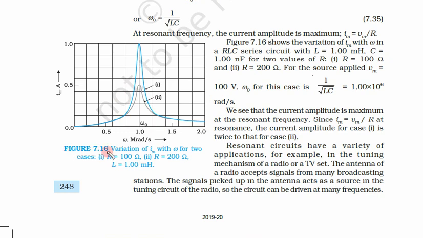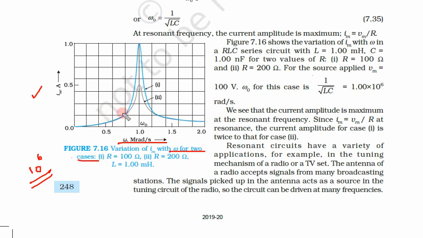This is figure 7.16. Here it is current, this is omega, and this is in mega radians per second, that means 10 to the power 6 radian per second. It shows the variation of Im with omega for two cases.